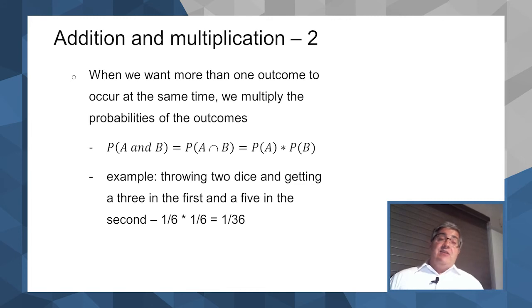So in that case, what we do is we multiply the probabilities. So that would be 35% times 25%, and there would be the probability of both happening. Okay, and now in this case, you are requiring both things to happen at the same time.